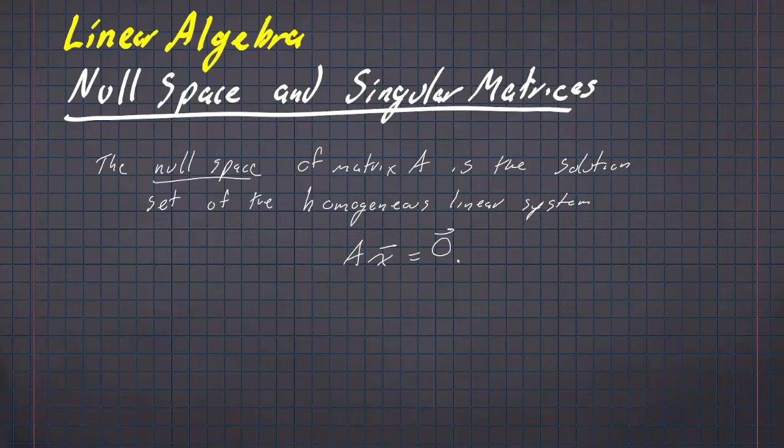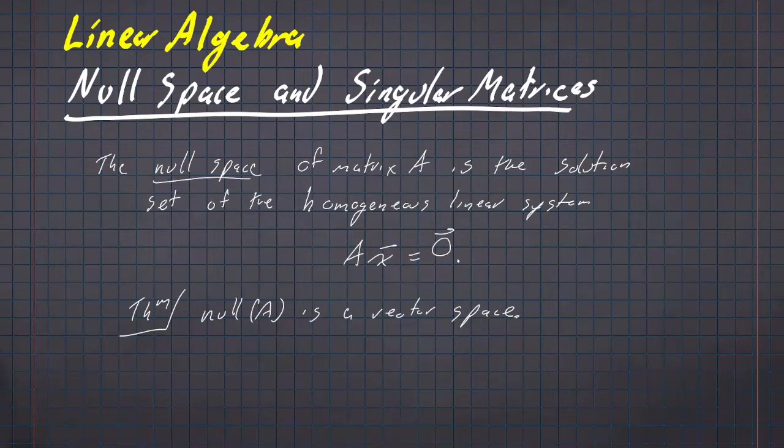The null space of matrix A is the solution set of the homogeneous linear system AX equals 0. I said that along with row space and column space, null space was one of the fundamental vector spaces of a matrix.